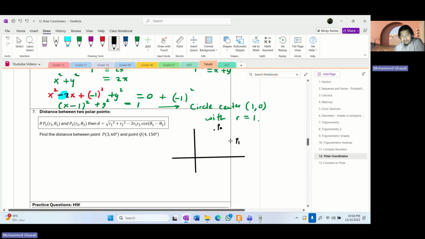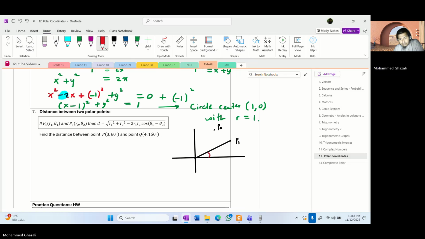So I'm going to draw this diagram. Now remember, P1 is coming with θ1, right? And P2 is θ2, which is this entire angle there, which is θ2.